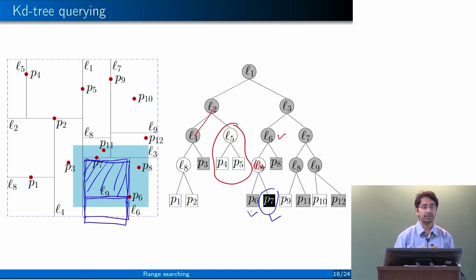If the query intersects that rectangle, intersects, not contains, then grey. Contains, black. Do not contain, do not intersect, white. Three cases. Clear? It is very important.